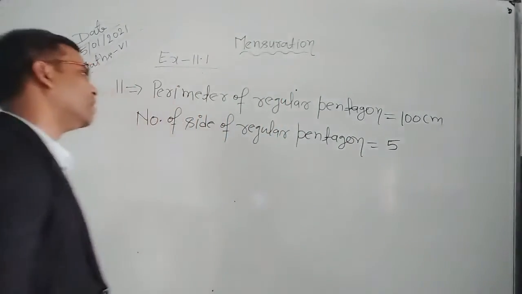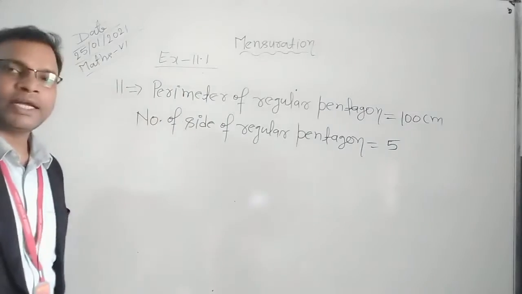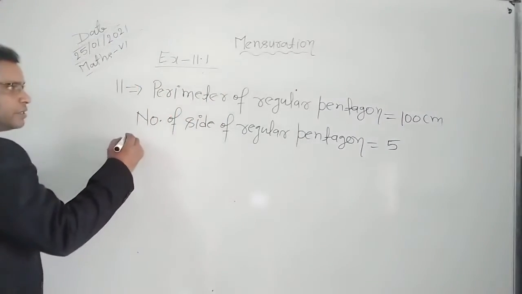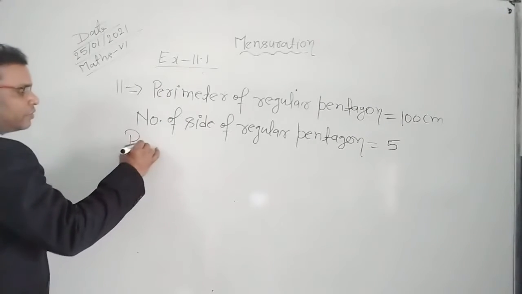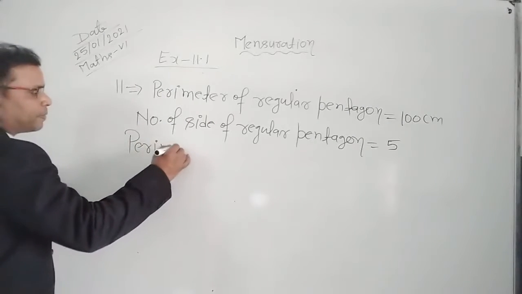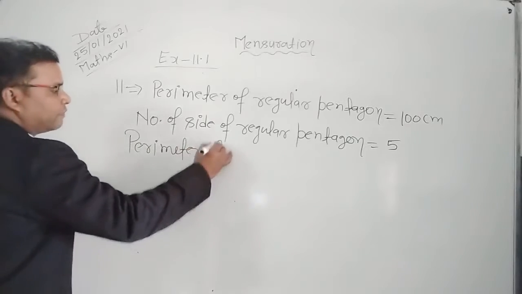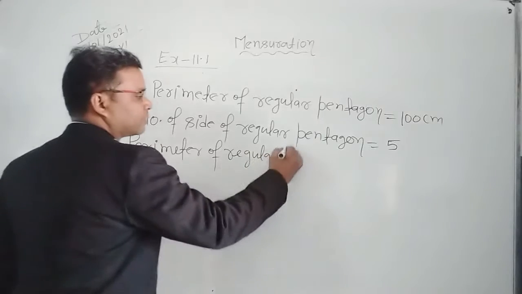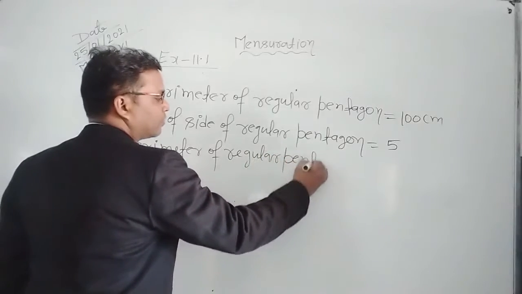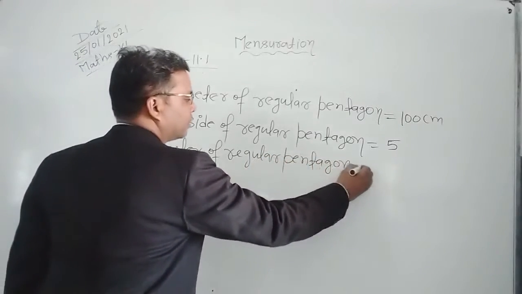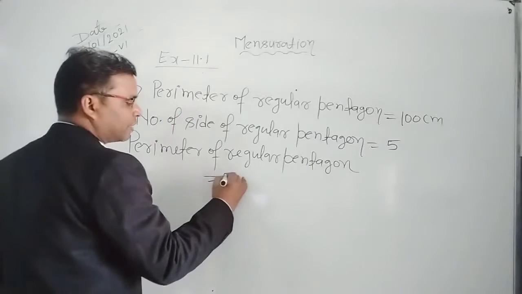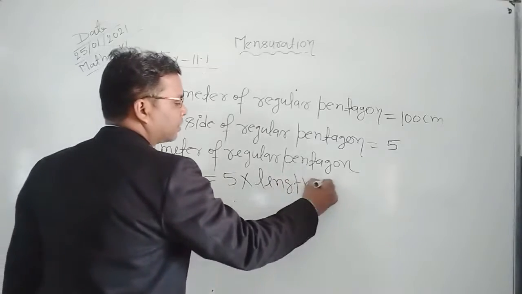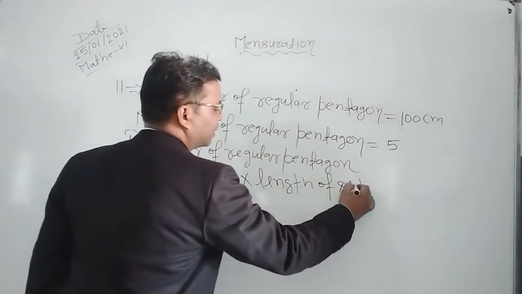Okay, so we need to find the length of side of the regular pentagon, but you know that perimeter of a regular pentagon is 5 into length of side.